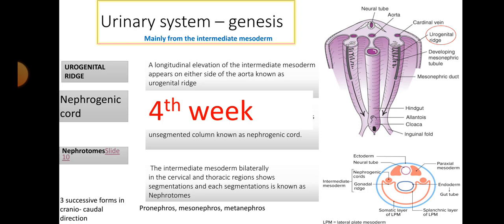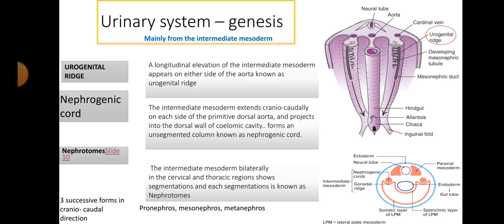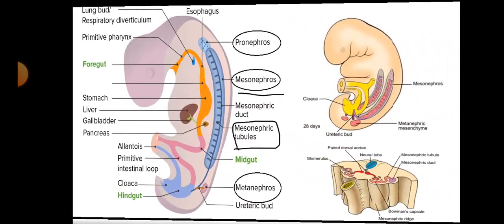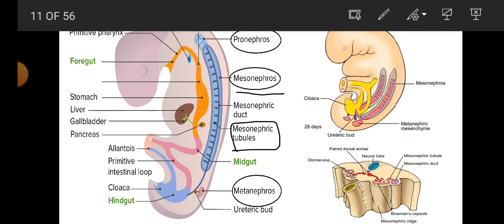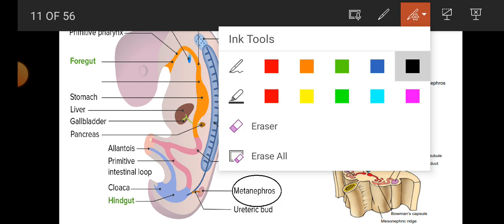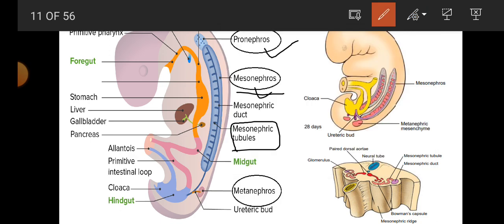Now the second question is the timeline, 4th week. The germ layer is intermediate mesoderm. The timeline is 4th week. Now this intermediate mesoderm gives rise to 3 segments. What are they? Pronephros, mesonephros, and metanephros.